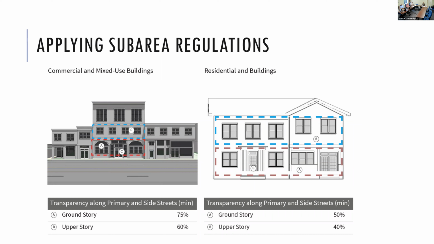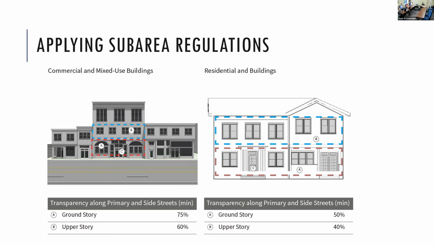In this case, because residential buildings are likely to be more prominent within the sub area, we do have separate regulations for commercial and residential buildings. Now, a mixed-use building that might incorporate retail or restaurant on the ground floor and residential on the uppers would be treated as a commercial slash mixed-use building, not a residential building. So that would be an important note to make when reviewing applications.